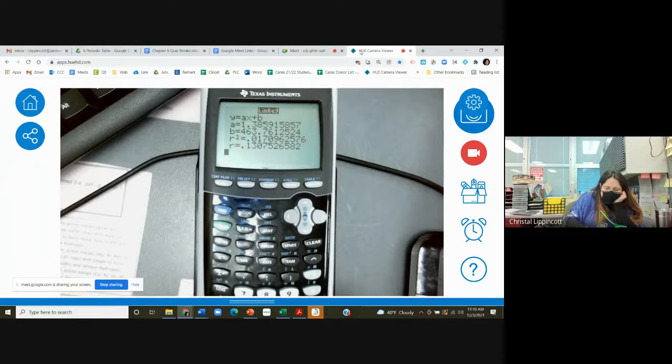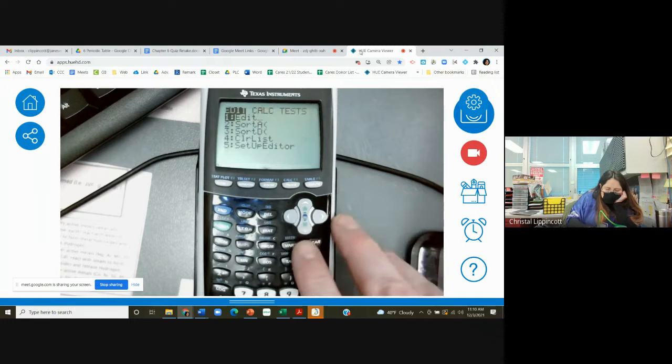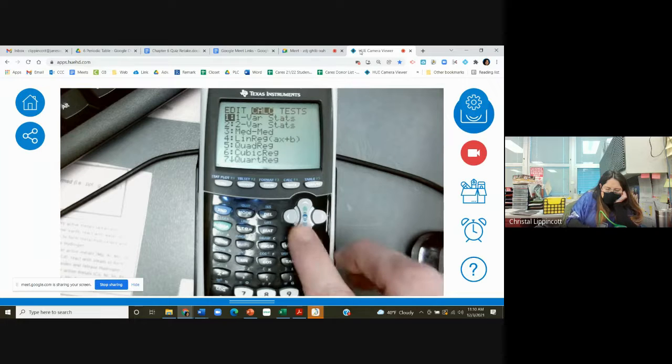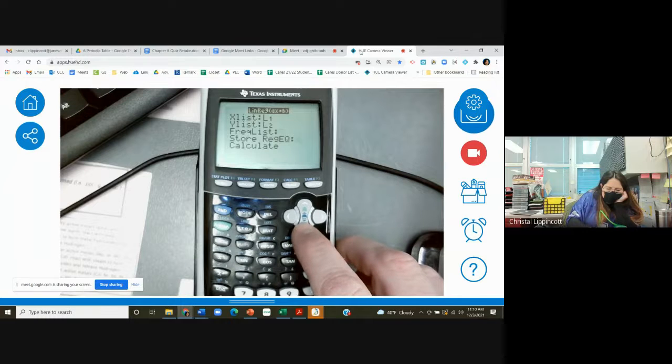I put Y1 down there. Let's put Y1 like that. Stat, calc. No, everything disappeared. And then you go down to where it says edit store. And then I put Y1 there.